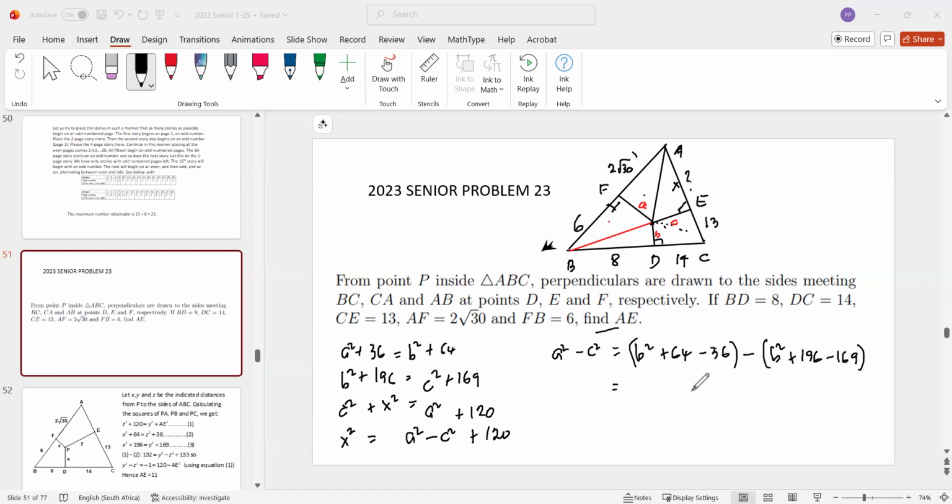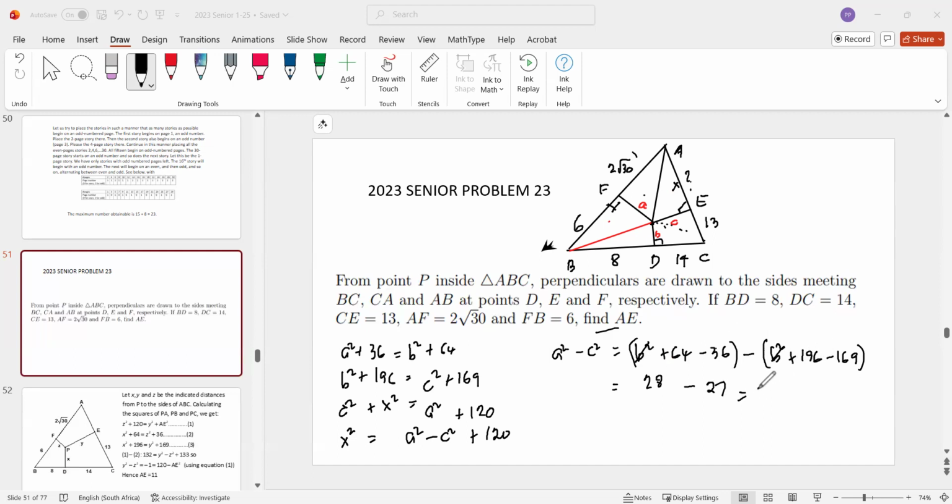So you have 64 minus 36 is 28 minus, and here you have b squared minus b squared cancelled, and you got 196 minus 169, that's 27, but I've got a minus sign in front, so it's minus 27.